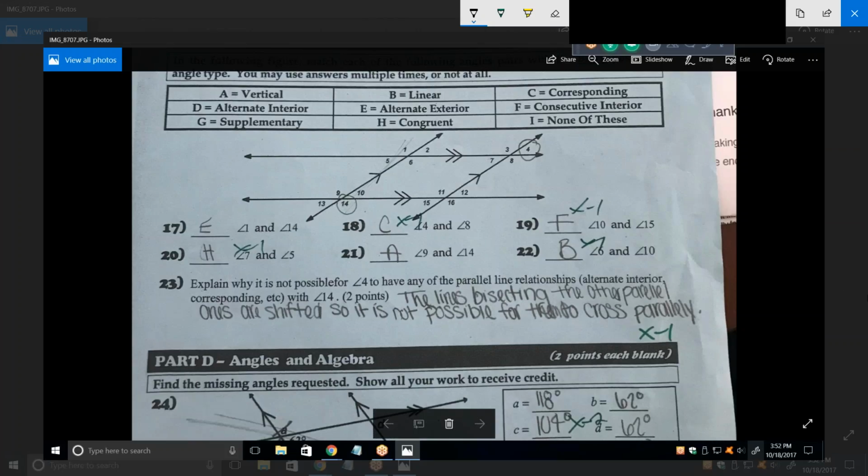All right, this refers to this figure here. And they want to know what angle 4 and angle 8 are. Let's talk about parallel lines for a moment.